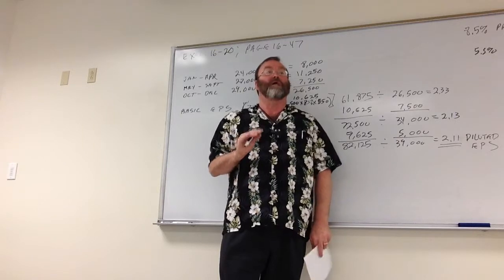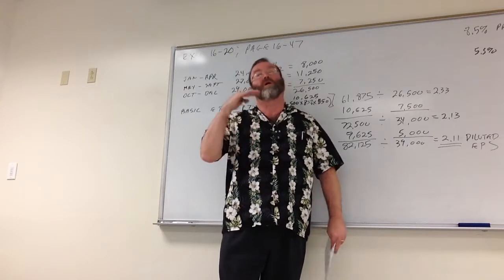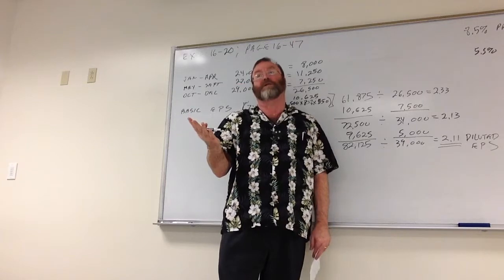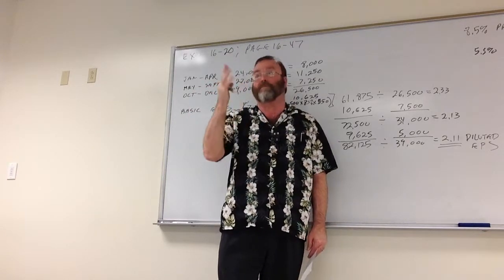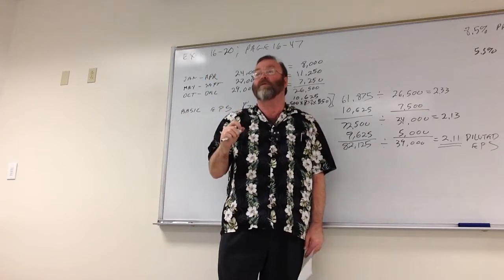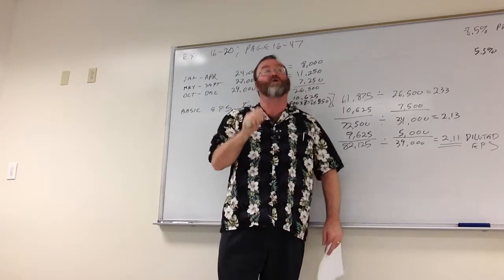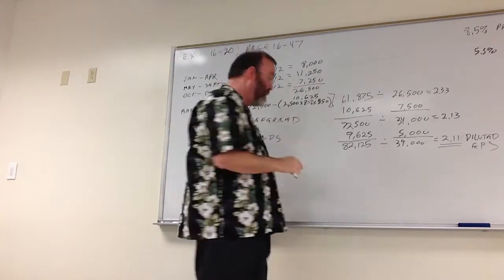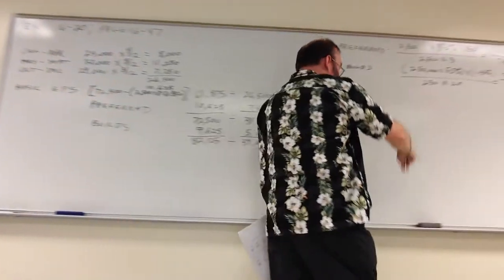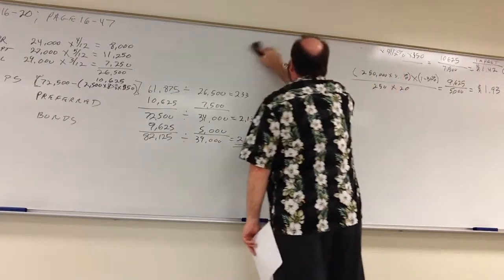All right? There is also stock options. The compensatory stock option plans, like we were doing in chapter 13 or 14, are always dilutive. So let me do one quick calculation of that, and then I'll go back to this. Okay?